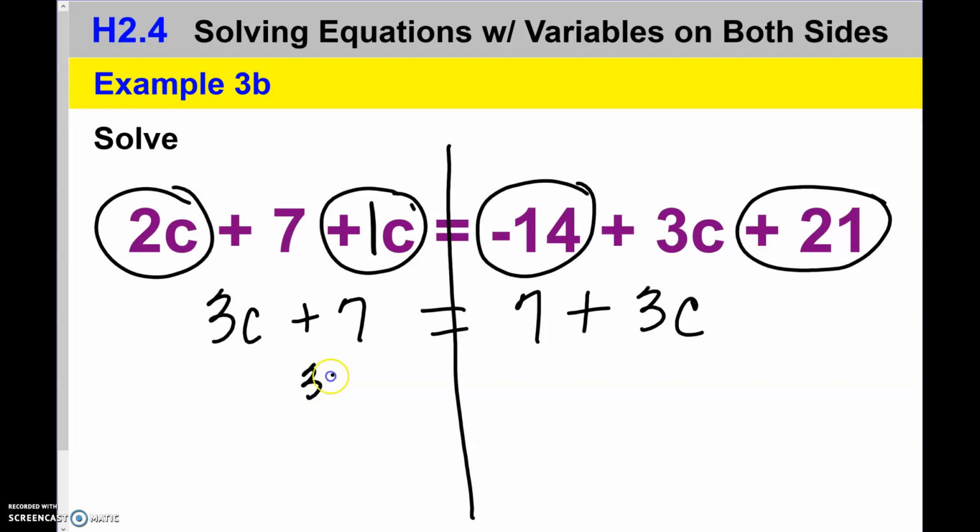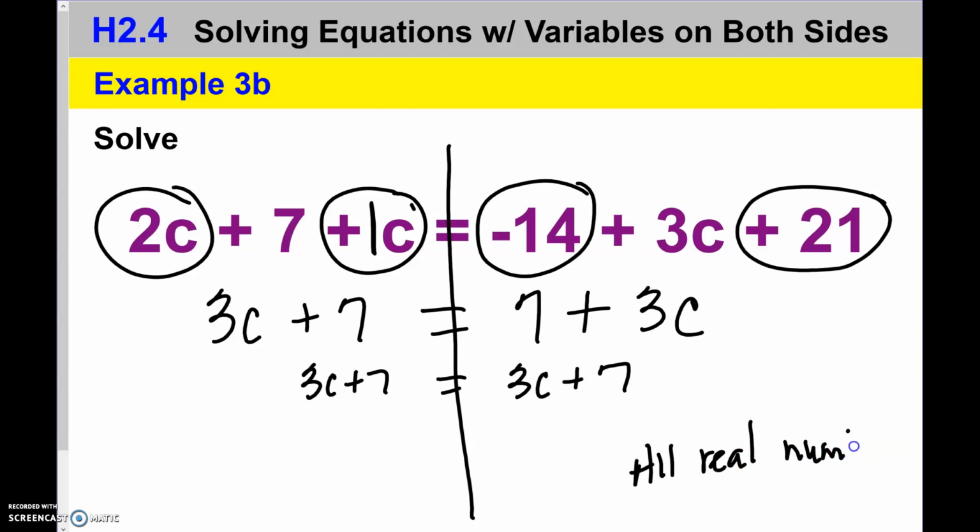So I can say 3c plus 7, and I can switch this order, 3c plus 7, using my commutative property. They're exactly the same thing. So this means all real numbers. Now, some of you might keep going, and that's totally fine. If you subtract 3c, you get 7 equals 7. It's still all real numbers.